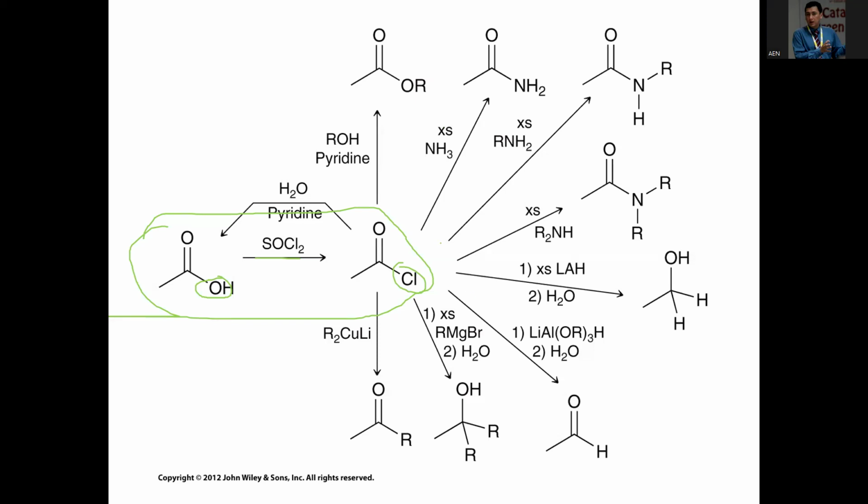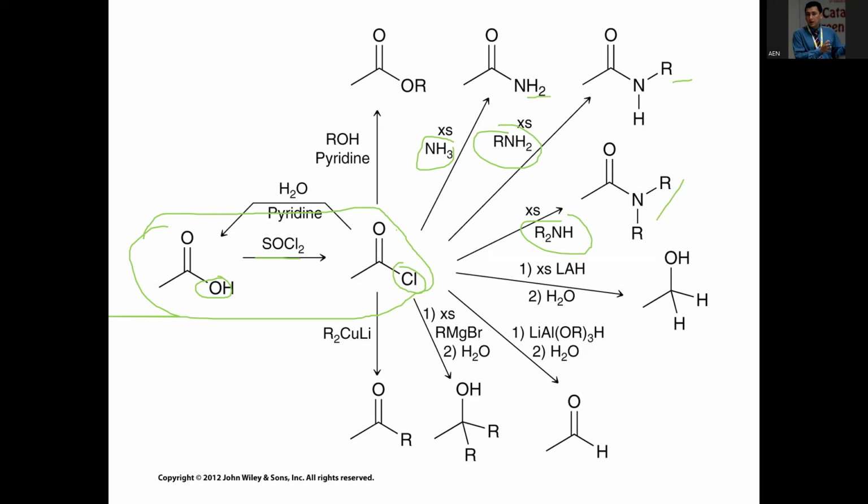There's many of them. Okay, so this one is the ester formation, amine formation, amide, the primary amide and the secondary amide, depending on the type of amine that you are using, primary amine, secondary amine, or ammonia. This one is an amide, primary amide, secondary amide.